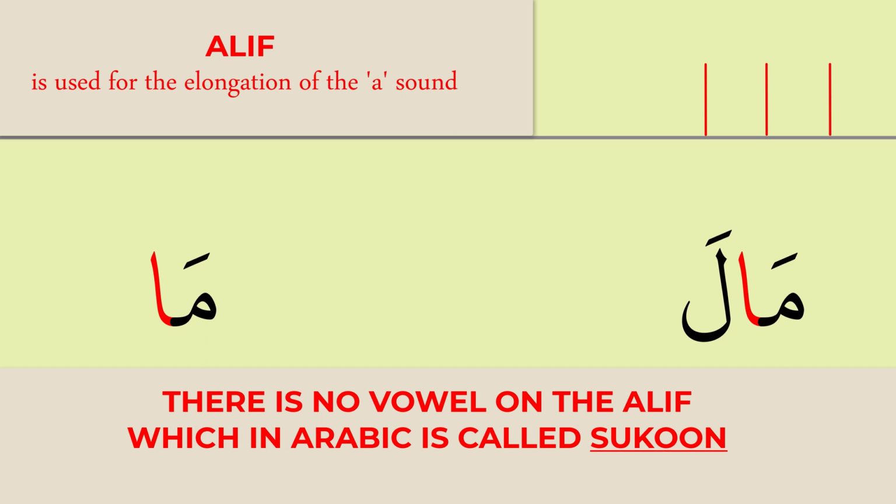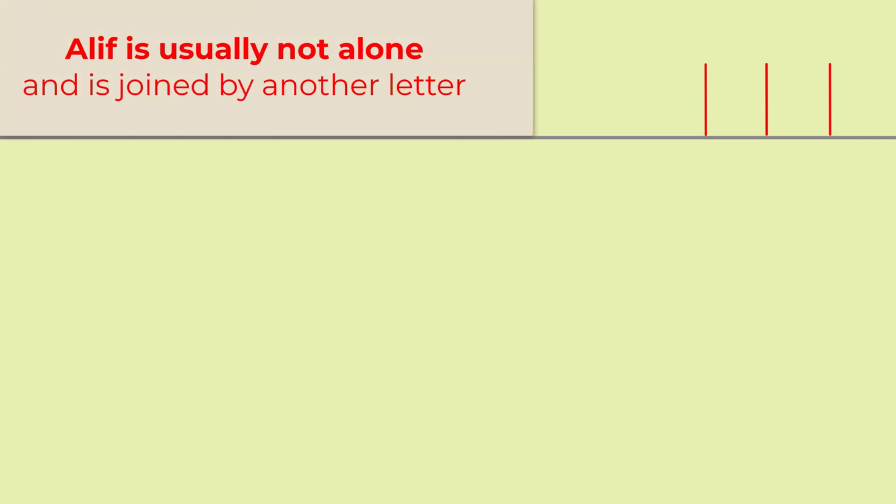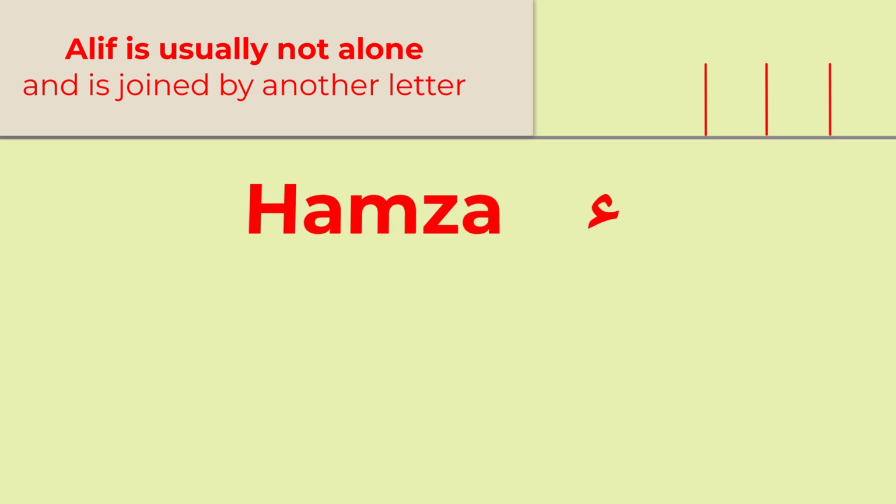Now, a very important letter that is associated with ALIF, and in fact, when it associates with the ALIF, it actually becomes that letter. That letter is known as Hamza. So when Hamza comes into the picture and it joins to ALIF, we call this letter Hamza.